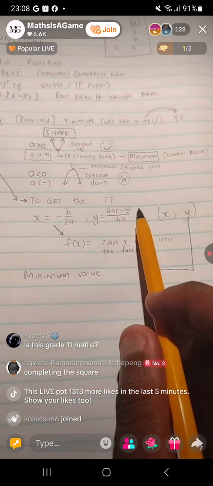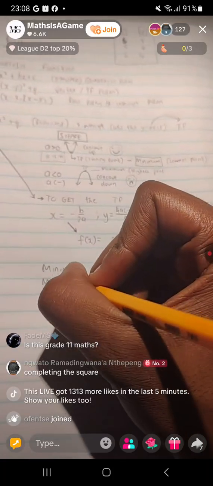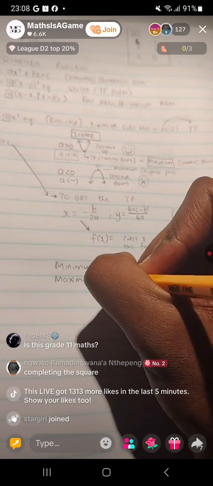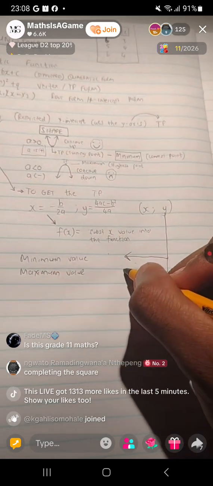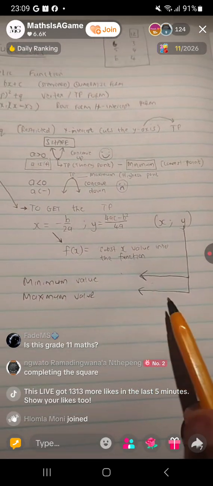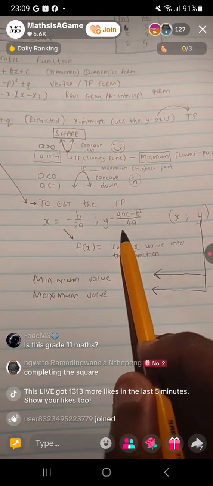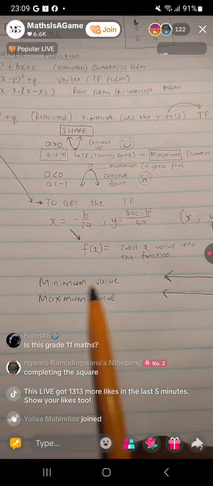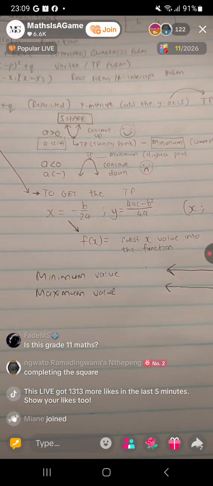So when you calculate the y value, that is your minimum value. If they want the maximum, same thing, guys, it is always the y value. The value that you get for y is the minimum value, or the maximum value.